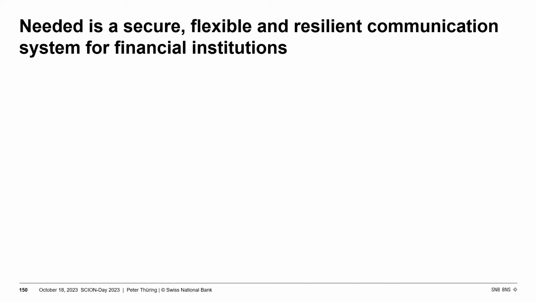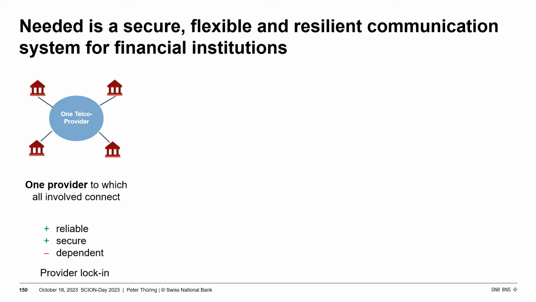So, what we need is a secure, flexible, and resilient communication system for financial institutions. In order to fulfill these requirements, one possibility would be to ensure this through communication via one provider, through which all participants communicate. This approach also enables reliable and secure communication between the autonomous players, but all participants would depend on one provider, a classic provider lock-in situation.